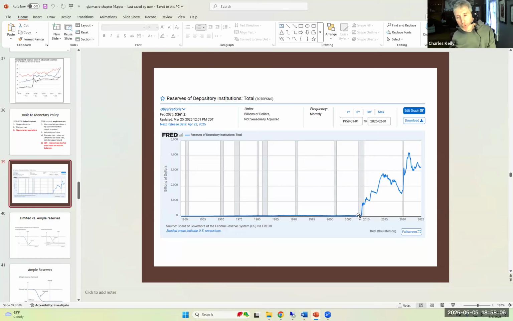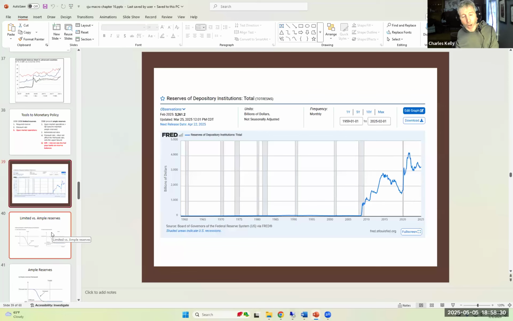Before the financial crisis, there was 15 billion in total reserves in the banking system. But then after the Fed bought all these treasury securities, long-term government debt, and all these mortgage-backed securities, all the money that the Fed put in there ended up as reserves in banks. So reserves shot up all the way into the trillions.